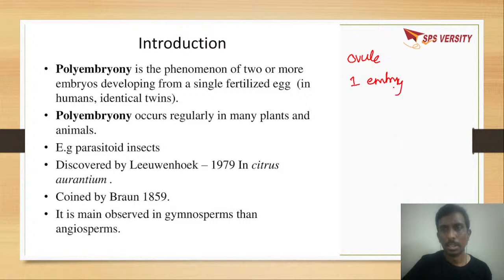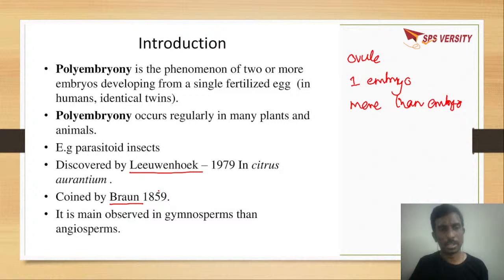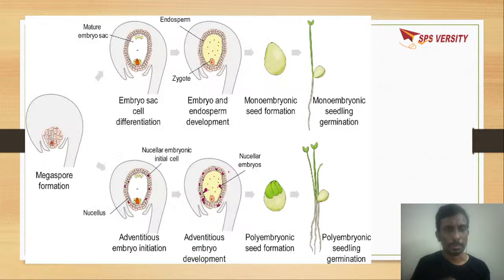But when more than one embryo is formed in an ovule, it is called polyembryony. It's seen in many plants, most commonly in citrus plants, which was discovered by Leeuwenhoek, and the term polyembryony was coined by Brown. It is also observed in gymnosperms, more commonly than angiosperms.